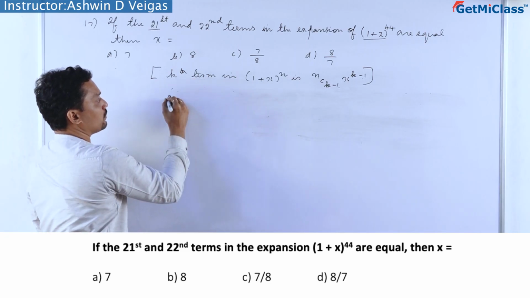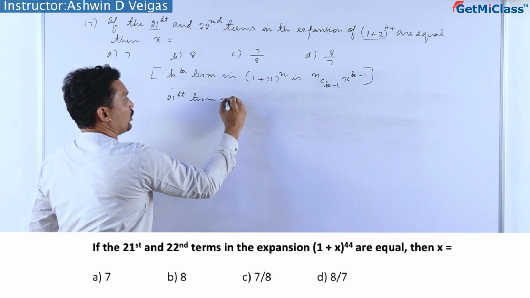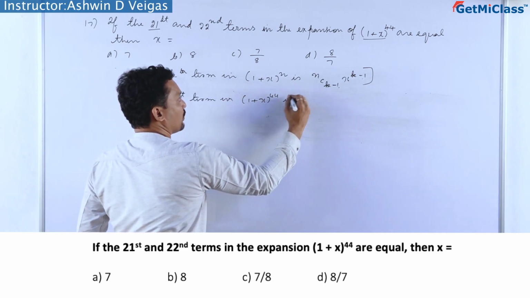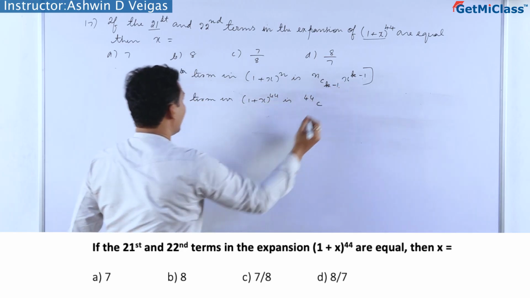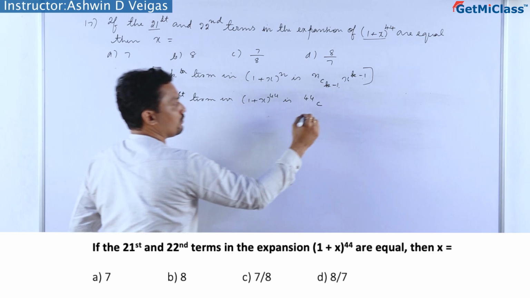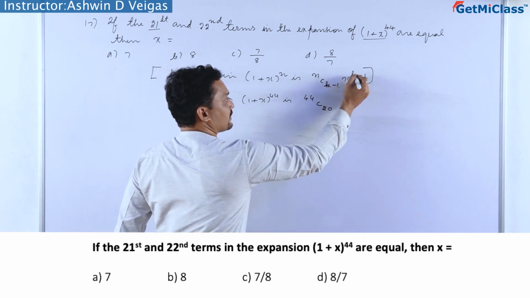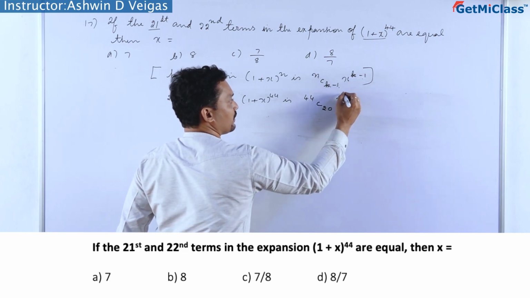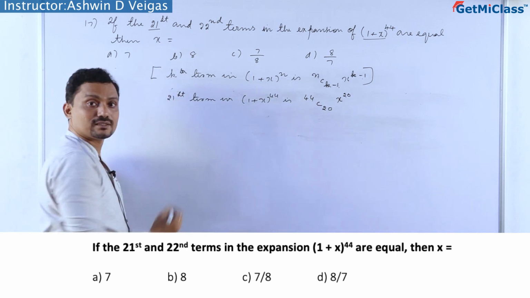According to this concept, the 21st term is nothing but n, that is 44, C, it will be k minus 1. So 21 will become 20, with the same index on x, so x^20. Okay, now this is the 21st term.